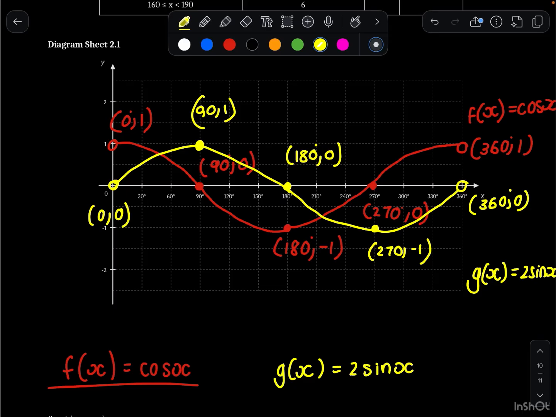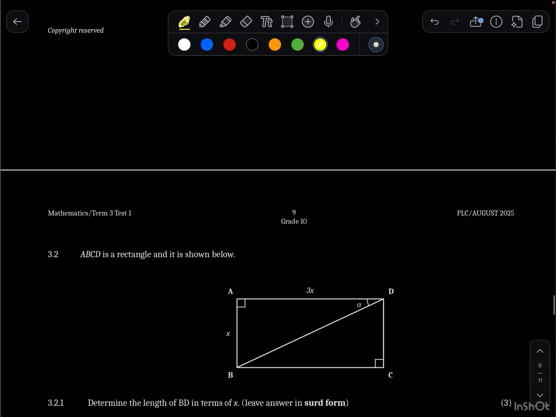Okay, so there we've got our 2 graphs. Let's then have a look what they ask next.